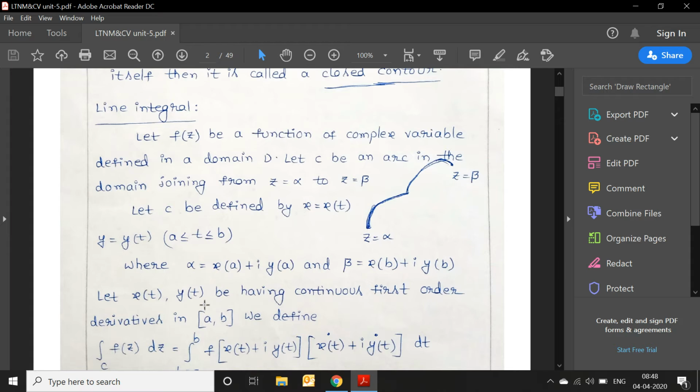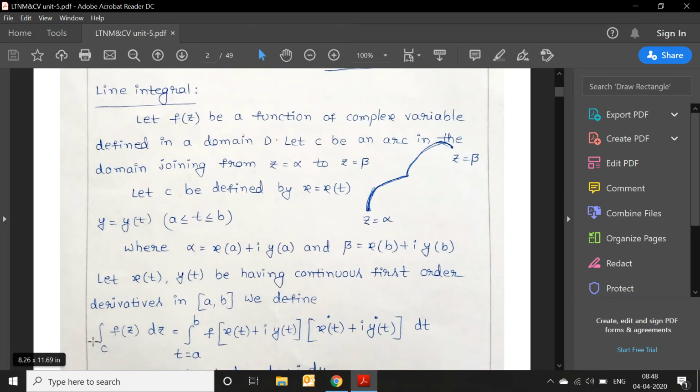Let x(t), y(t) have continuous first order derivatives in the closed interval [a, b]. We define the integration for f(z) over C, where C is an arc. We know that this C starts at z = alpha and ends at z = beta. Integral over C f(z) dz is equal to integral t = a to b.